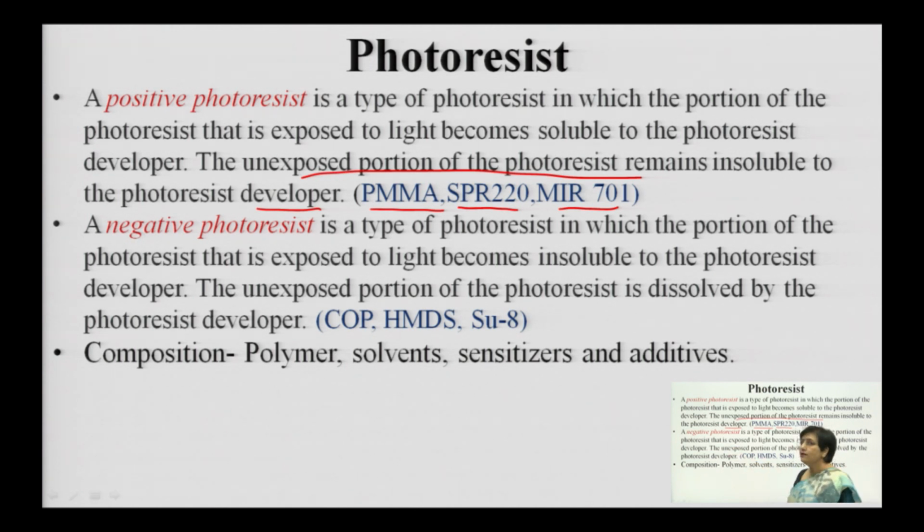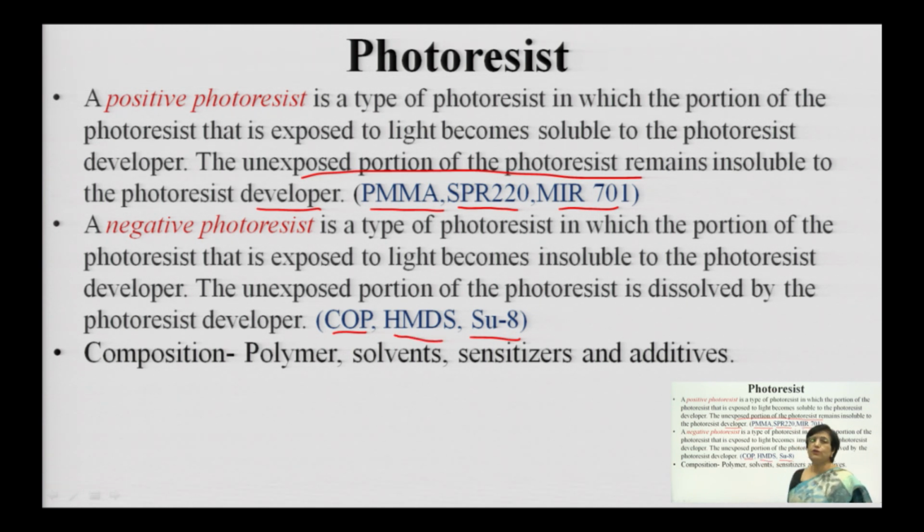Negatives are the ones which become hard, their crosslinks become strong and they become insoluble in the developer solution when exposed to light. The unexposed portion is dissolved and the examples are COP, SU8 and HMDS, which are popularly used.